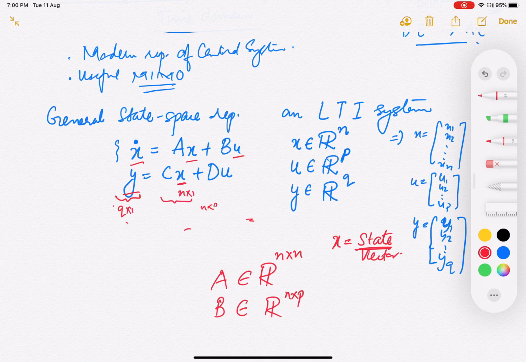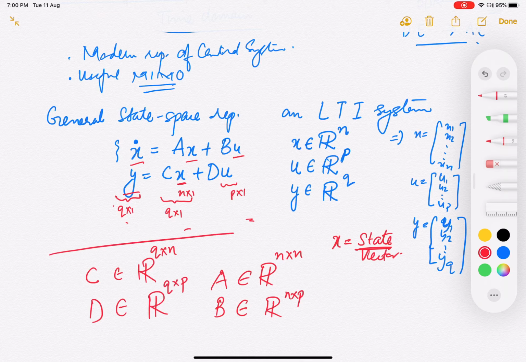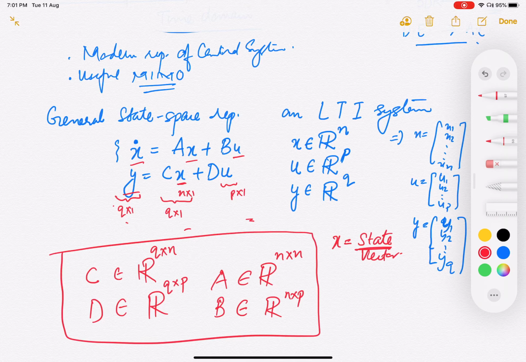So for the product Cx to be q cross 1, C has to belong to q cross n, because only when you multiply q cross n with n cross 1, you'll get q cross 1. Similarly, U is p cross 1, and D has to be q cross p. So these are all real matrices of different sizes.